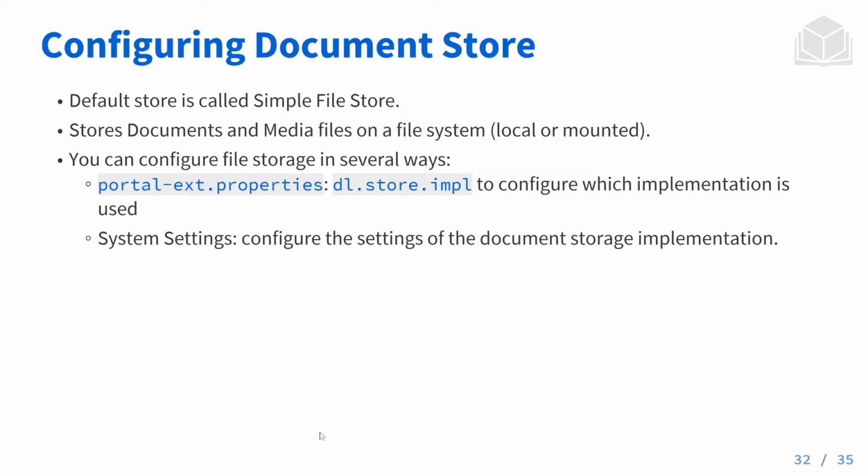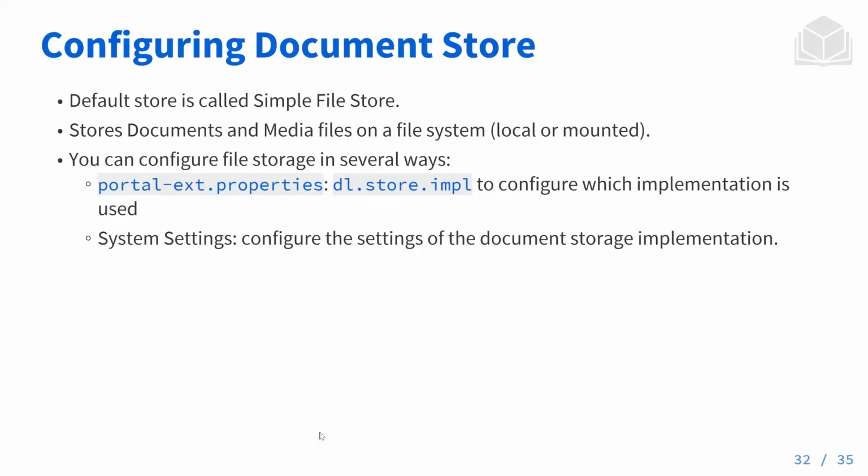So how do you configure it? In Liferay DXP 7.1, there are two places that you have to go. The first place is portal.ext.properties. In portal.ext, you specify the implementation of your document store. Are you going to use simple file system store, advanced file system store, or one of the other options? Once you do, you configure your means of storage over in system settings.